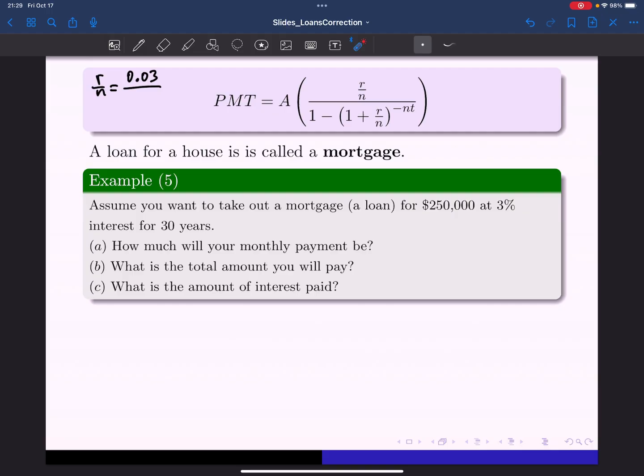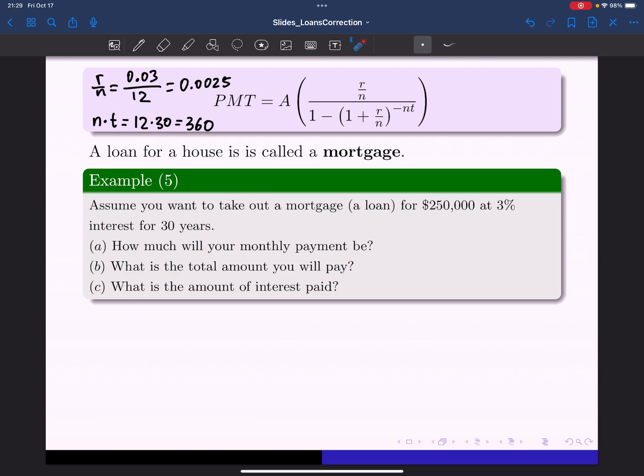It's monthly, so divided by 12. And that gives me 0.0025. Now let's also calculate N times T. That would be 12 months times 30 years, and that gives me 360.